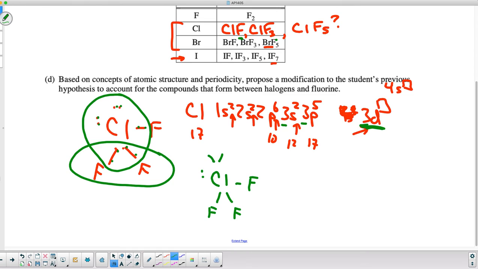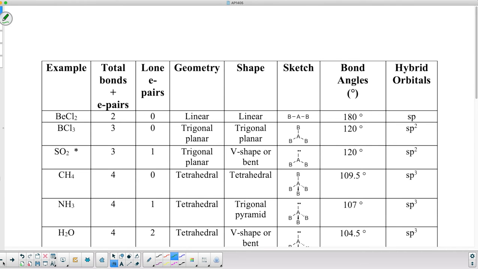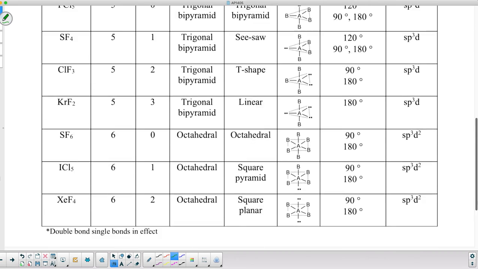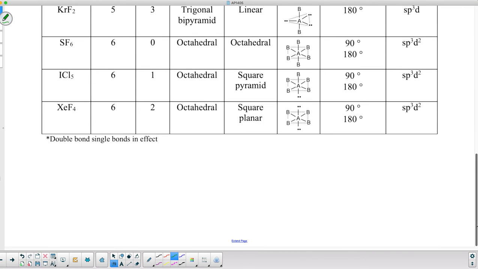Can chlorine get a total of 5 fluorines? That means I have a lone pair there, and I have 5 bonds. That's an octahedral. When I go back to here and scroll all the way down to the bottom, octahedral is 6.